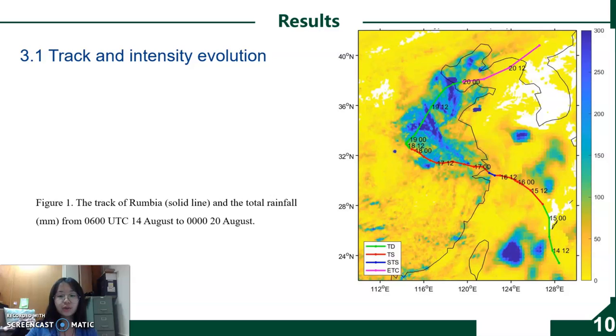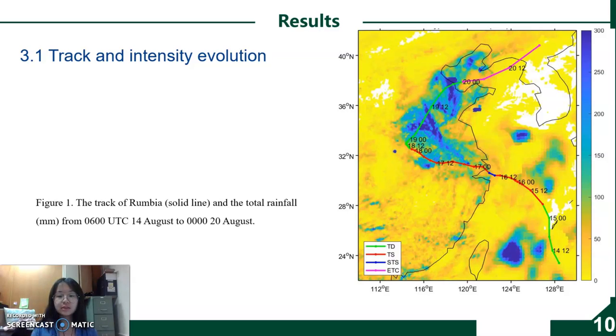From this figure, we can see that Rambia made its landfall in Shanghai at about 20 o'clock UTC on the 16th of August and tracked northwest. Rambia reached its maximum intensity and became severe tropical cyclone before landfalling.